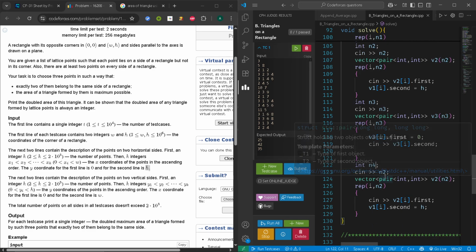And similarly this thing 4. I could just automate it by ChatGPT, but yeah, leave it. And 4, v4 v4 dot first is w.